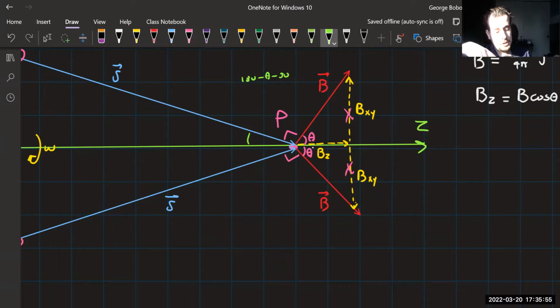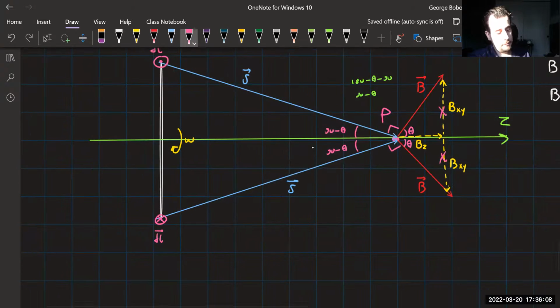Perfect. So you see what I remain with? 90 minus theta. That's actually what it is. This guy here is 90 minus theta, and so is this guy for the same reasons. And because I have a right angle triangle here, that makes these top guys here theta. Problem solved.